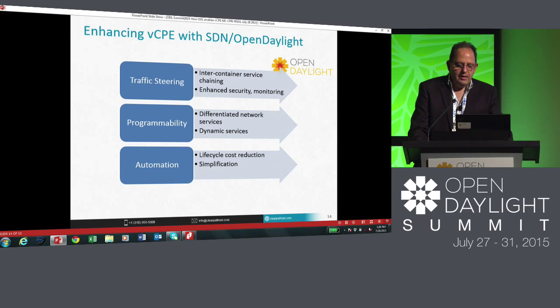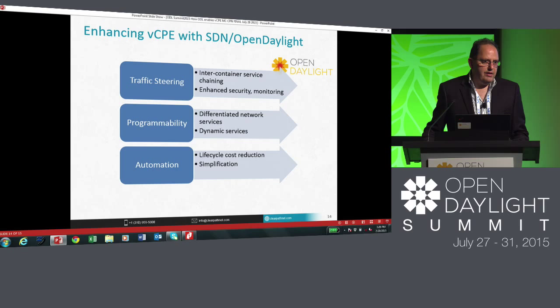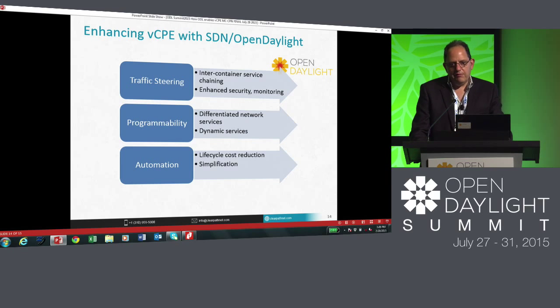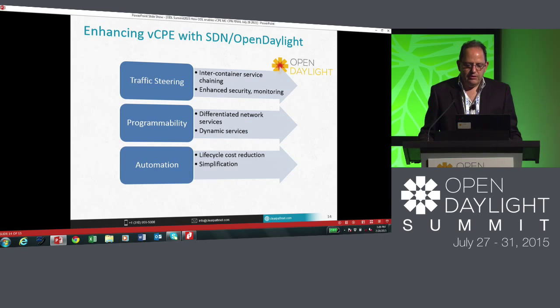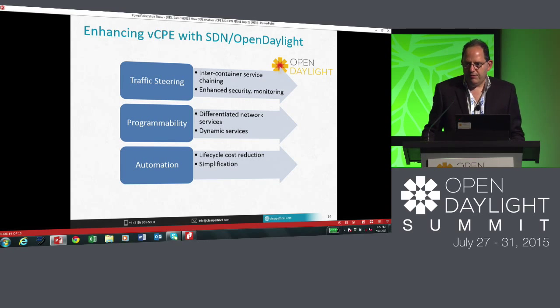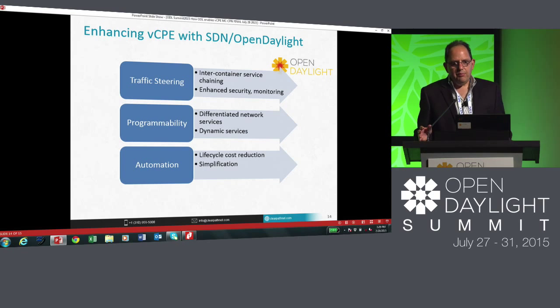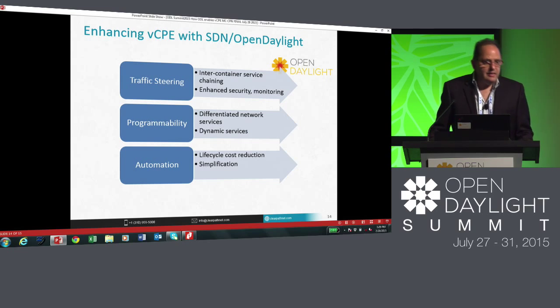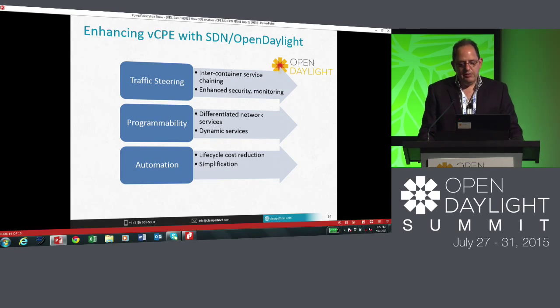And clearly, the traffic steering ability driven by an intelligent SDN control model and infrastructure is going to allow for very flexible deployment of service chains across a number of different configurations, across different domains, across certainly the important customer to provider boundary. And SDN is going to be an invaluable resource to be able to do that. SDN is also going to be able to offer enhanced security and monitoring.